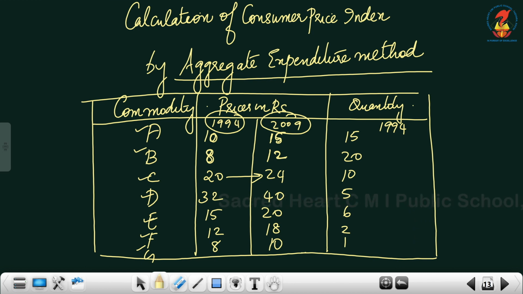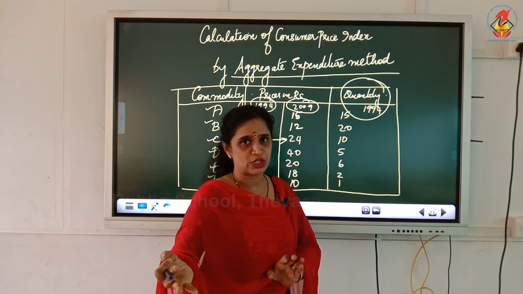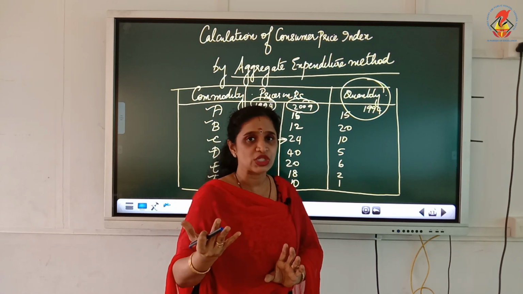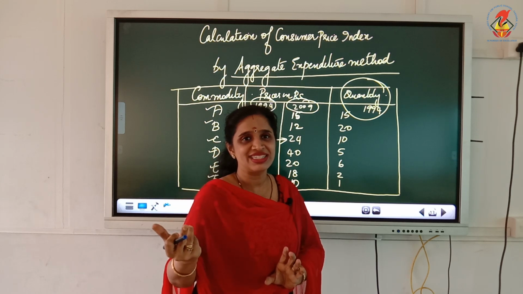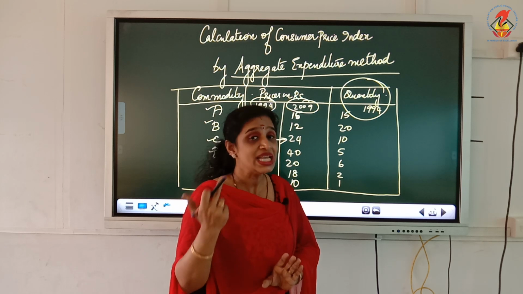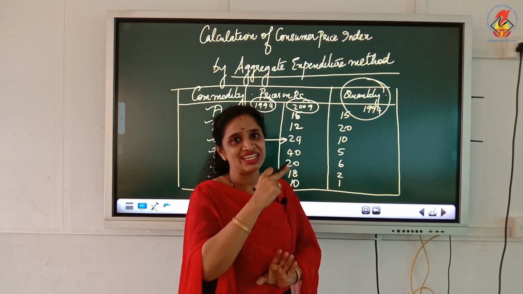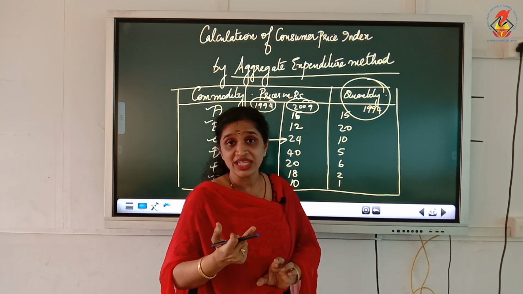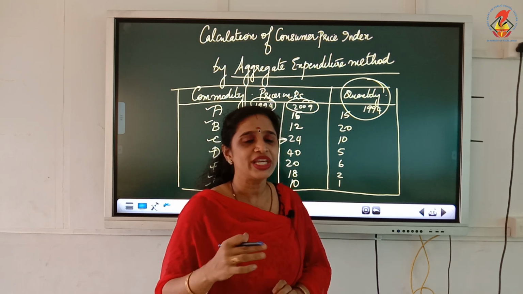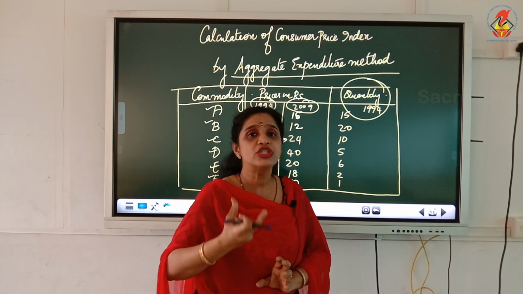Here I have shown the quantity consumed in 1994, with the assumption that there won't be much increase in the quantity consumed. Only the price changes, but we cannot assume a change in the quantity the way we have written the price. The change in the price we can definitely write down, but how much quantity is consumed in the current year is very difficult to measure.